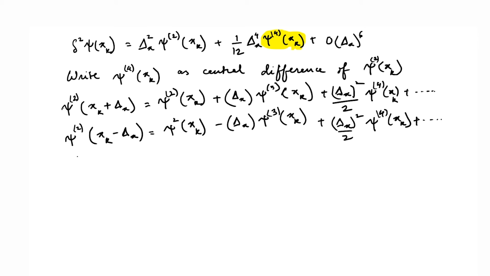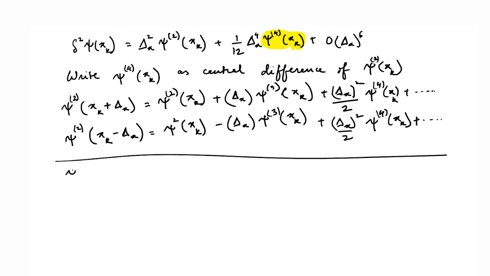Now, if we add these two equations, what we will get is psi 2 x k plus delta x plus psi 2 x k minus delta x equals twice psi 2 x k.